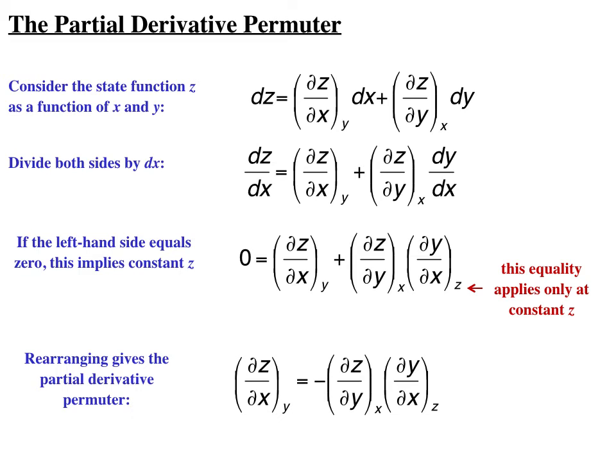What the permuter tells us is that if you have three variables, z, x, and y, and you want to know how z varies with x as y is held fixed, you can calculate that as the negative of how z varies with y as x is fixed, times how y varies with x as z is fixed. Over the next few slides we will first verify that this mathematical statement is true, then see how we can employ it in our thermodynamic discussions, and we will be employing it several times over the next several slides.